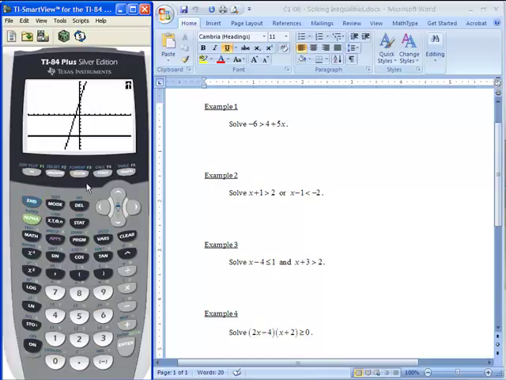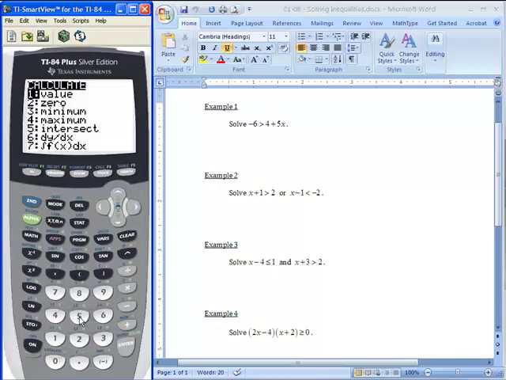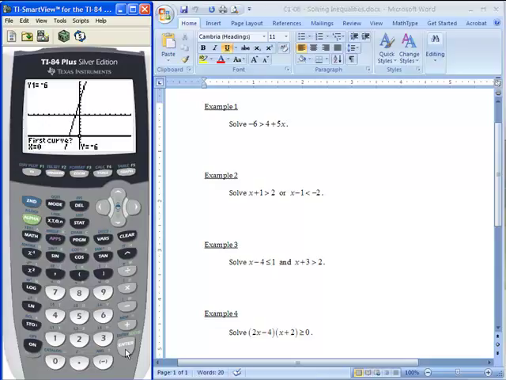So if we press second and calc, we'll get into the calculate menu. We can choose option 5. First curve, it's telling us that we're currently on negative 6. That's definitely one of the two curves we're interested in, so I'll press enter. Second curve, it moved to 4 plus 5x, which is the other side of our inequality.